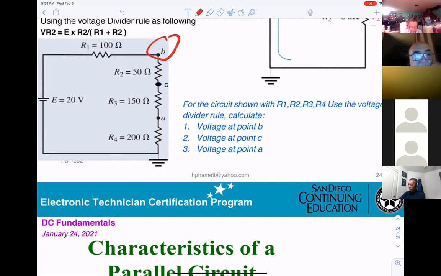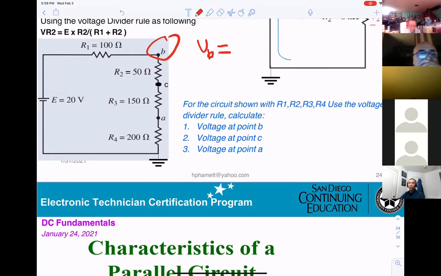Now, using the voltage divider, VB equal, who can tell me what the formula? VB measured from B to the ground, you will be measured through R2, R3, and R4.